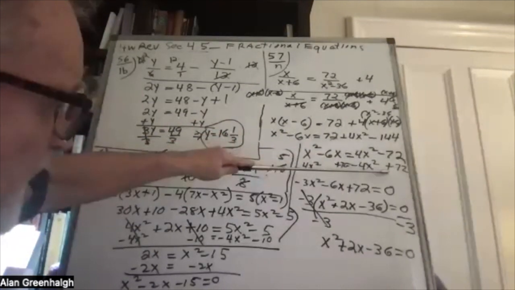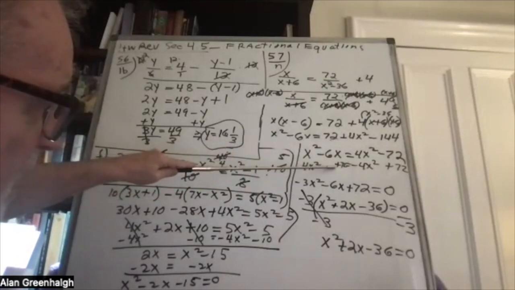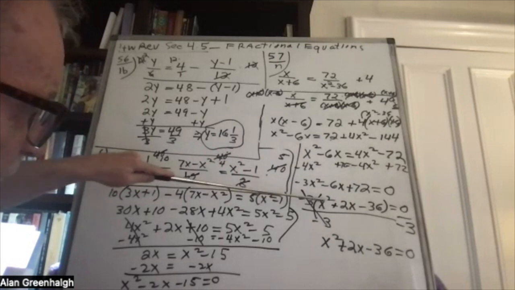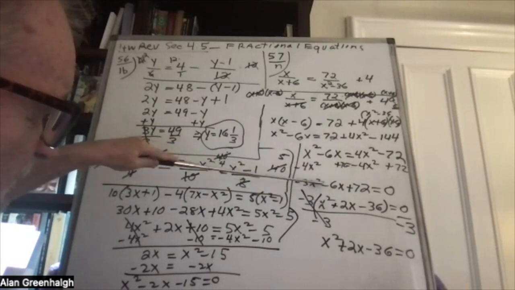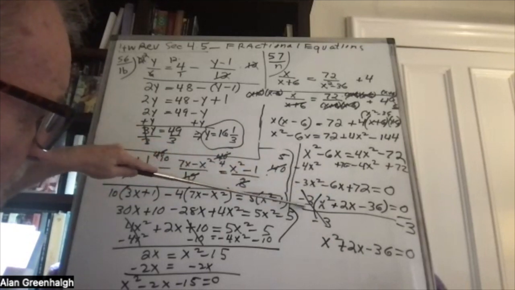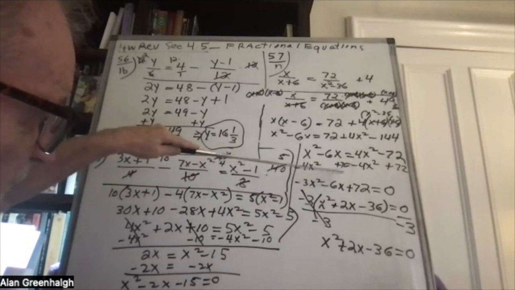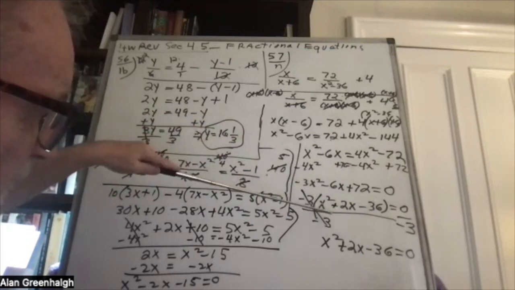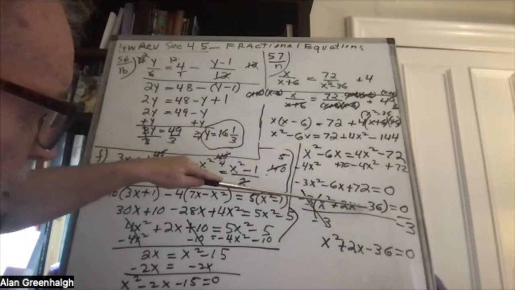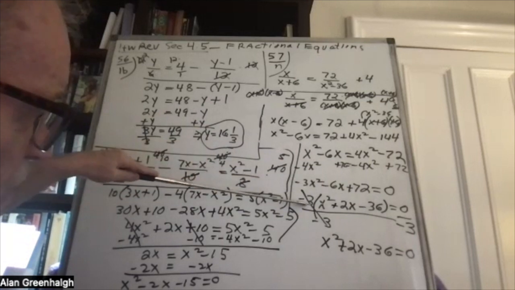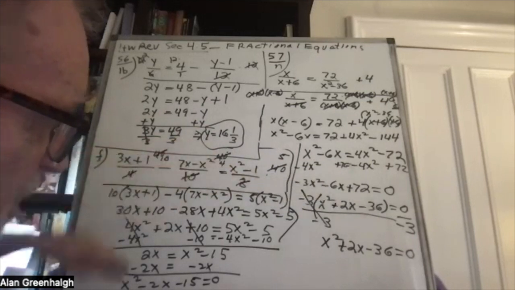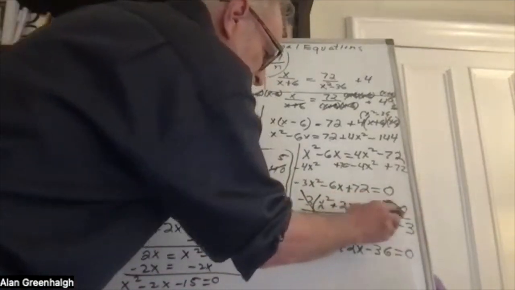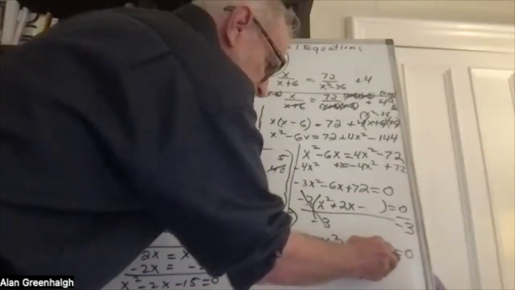But then for some reason I brought it over there, and that made it positive, and then took out the negative, x squared, take the negative out, 3 times 2 is 6, and 3 times, well, that's a problem here. I see a problem. If you factor out a 3 from 72, you do not get 36. There's the problem right there. I found the problem.